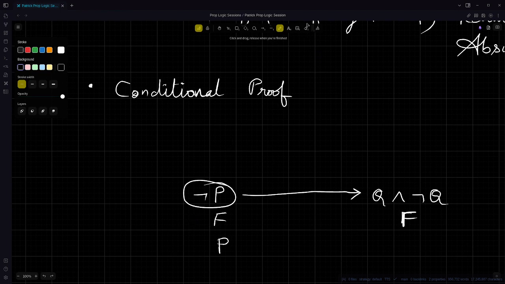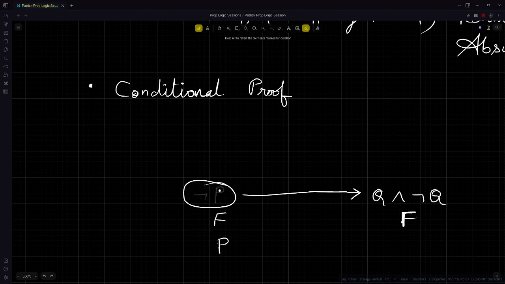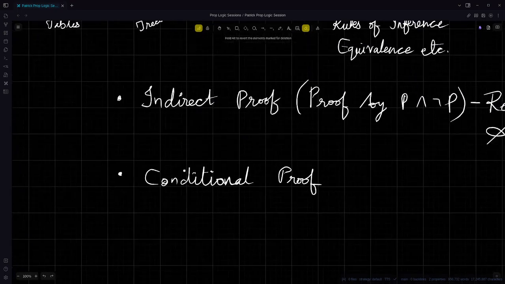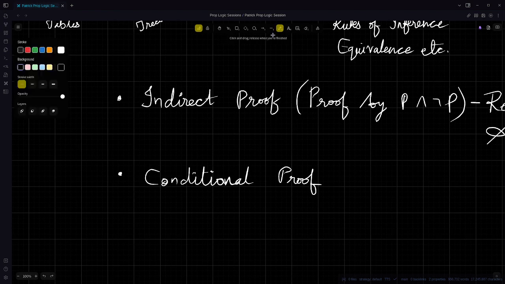According to bivalent logic, regardless of what you do, you can show one is true and the other is false, or you can show the other is false and this one is true. It doesn't really matter. But you've basically shown that not P is false. Yeah. That your initial assumption, which was the opposite of what you wanted to prove, is false. So whatever you wanted to prove has been proved.